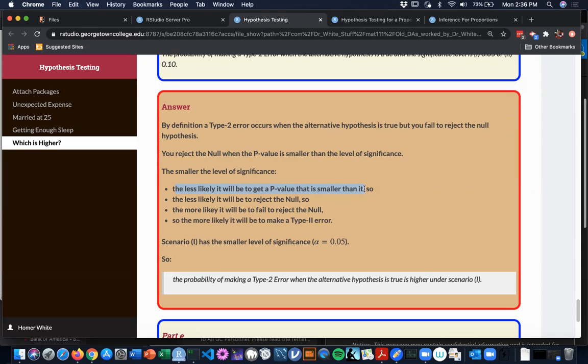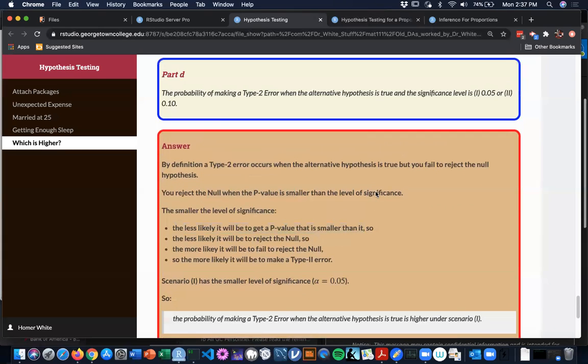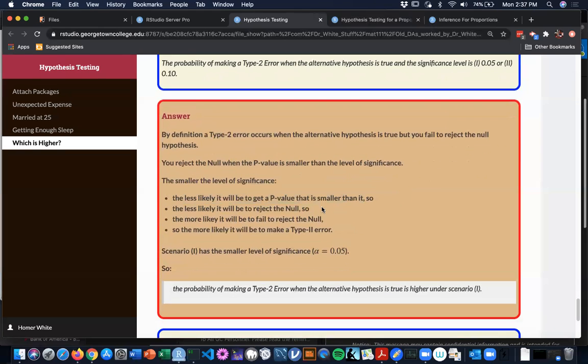Pretty much every human being in the world is shorter than 10 feet. No adult human being is shorter than 2 feet. Same for p-values. It's easier to get a p-value that's less than 0.1 than it is to get a p-value that's less than 0.05. The smaller the level of significance, the less likely it is to get a p-value smaller than it.